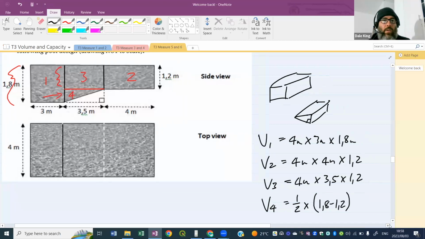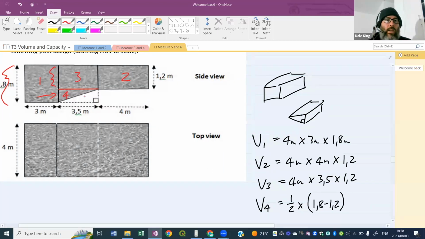The height I'm going to use is this one here, which is 3,5. It doesn't matter which one you use. Then I'm going to multiply by 4 at the end. So those are the volumes of all the prisms there.